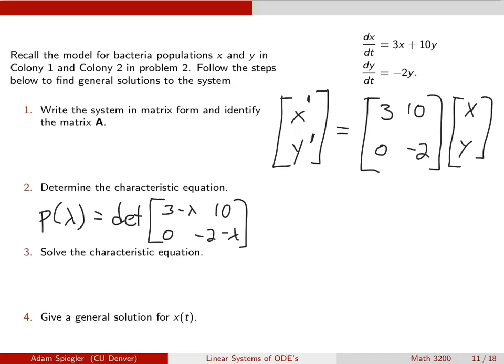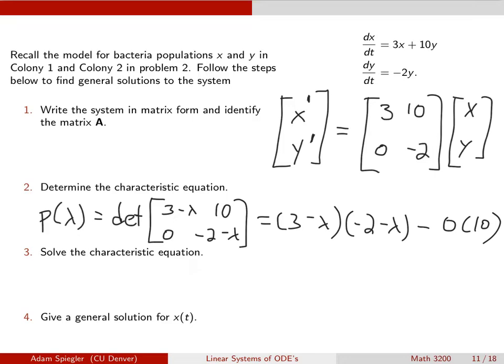If we take the determinant of this matrix, I take the product of the diagonal terms. So I would get (3 minus lambda) times (minus 2 minus lambda), and then we would subtract from that the product of the off-diagonal terms, which in this case, just to be complete, would be the 0 times the 10. But that would wind up being 0.